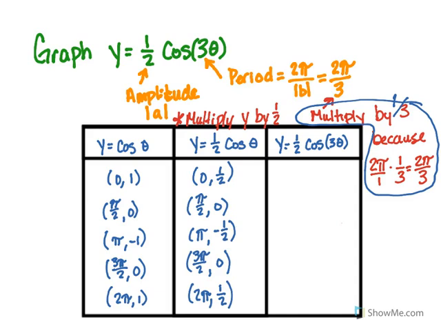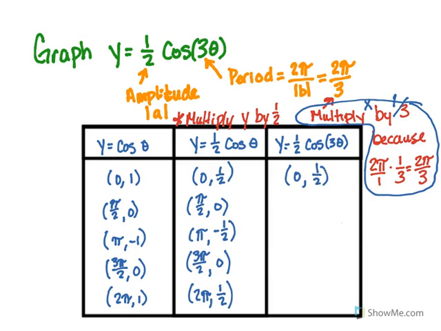So we are going to multiply our x's. So multiply x by 1/3. We already dealt with our y's, which is our amplitude. Now we're dealing with our period, which stretches it horizontally. So 0 times 1/3 is still going to be 0, and then we still have 1/2.